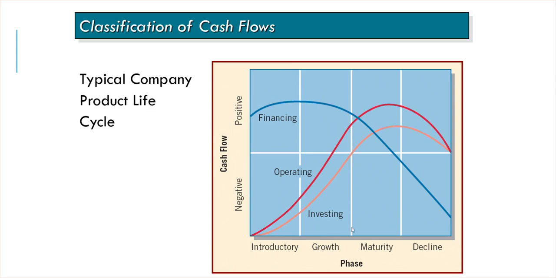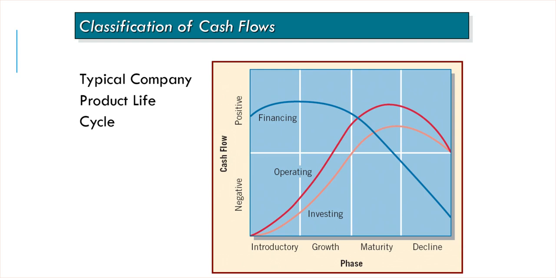So in the growth phase, they go from negative cash flow to positive. In other words, they start really rapidly investing in assets, and that translates to this graph.